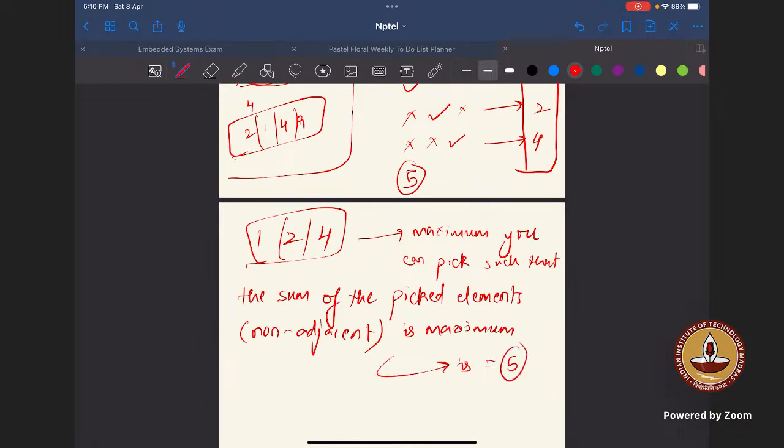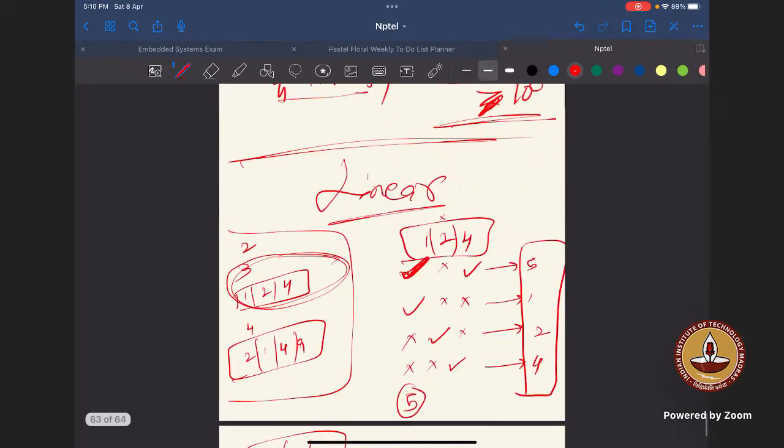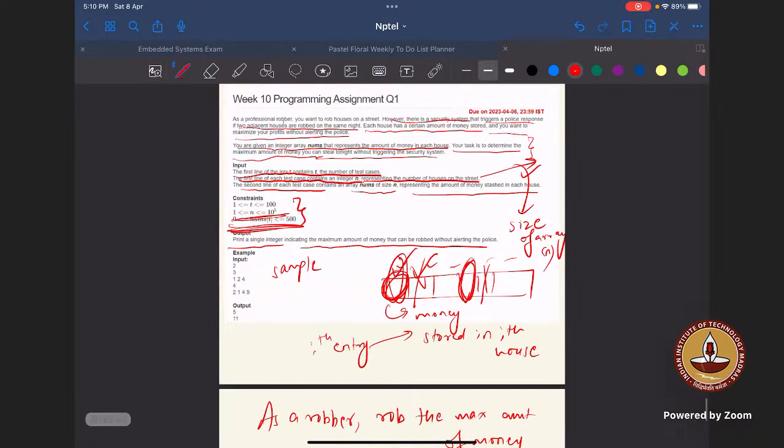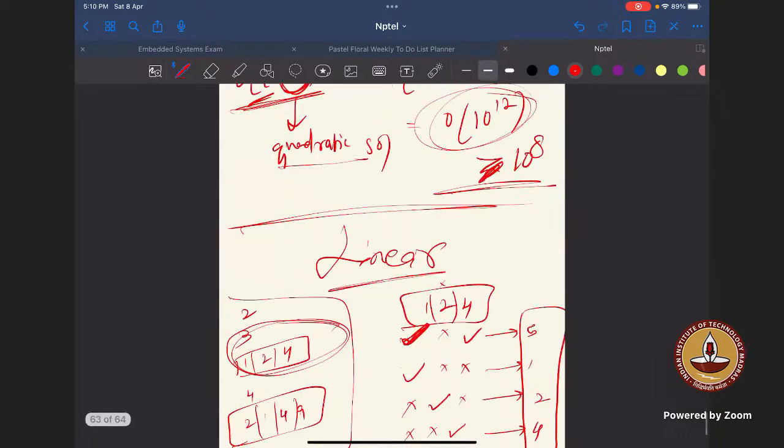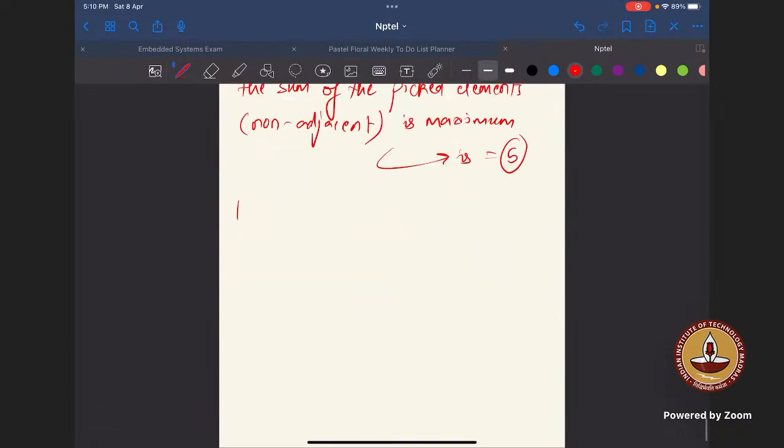Let's see our answer. What is the output? Yes, it is 5. Now the next test case, which is the array 2 1 4 9.